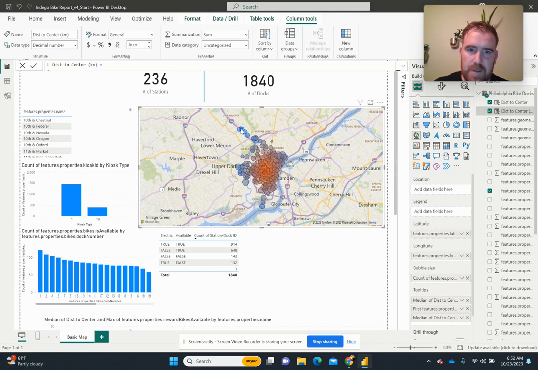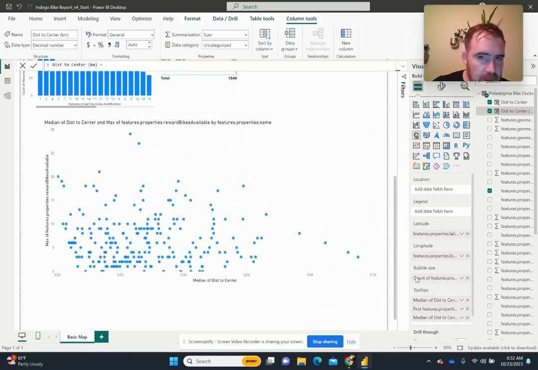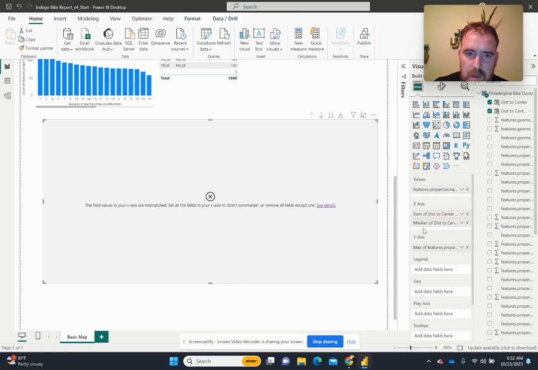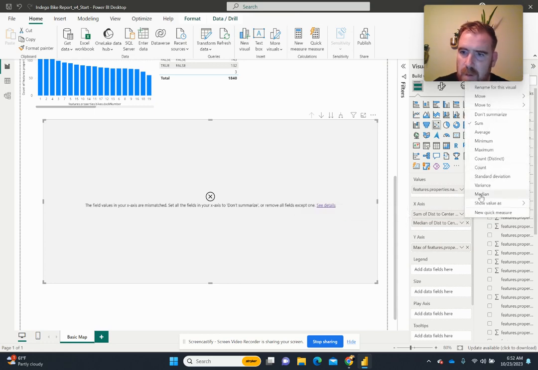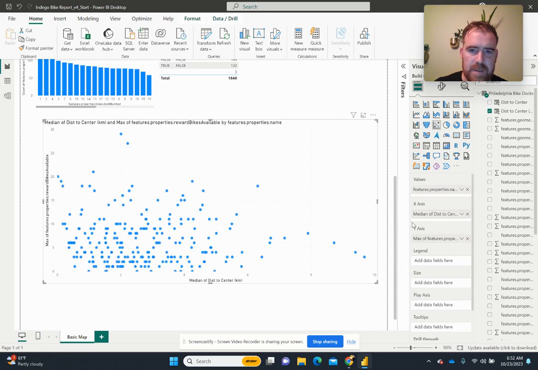Oh, it's not showing our distance to center in kilometers yet because it's still loading. Maybe I'll put it on a simpler visual. The values are mismatched. I will just replace our x-axis here.